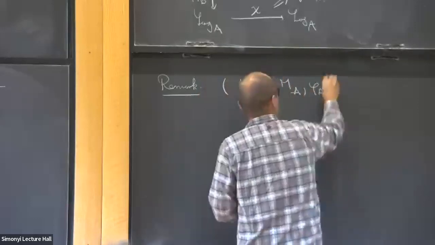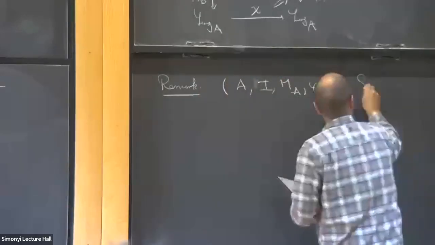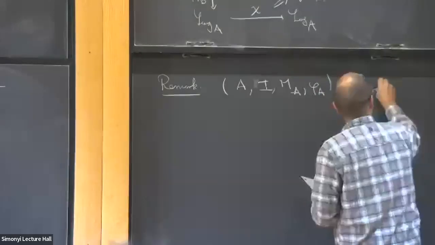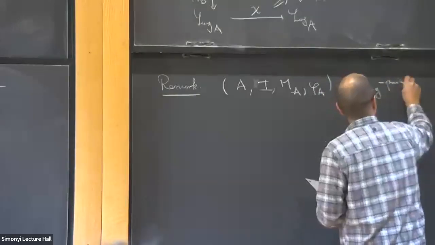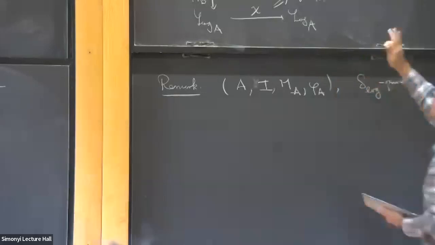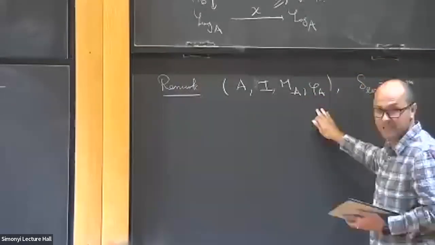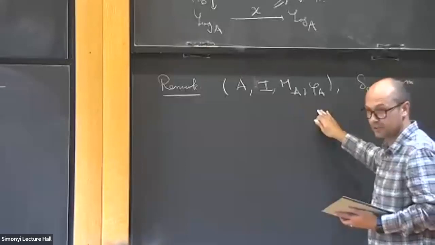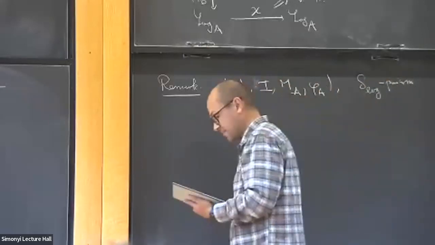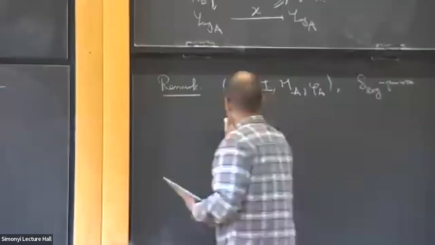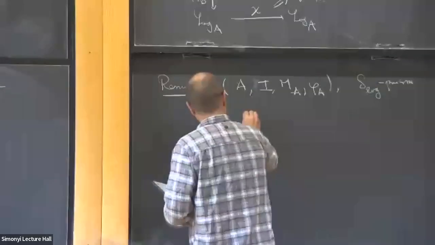Following Koshikawa, let me call this a delta log prism, meaning it's a prism, and then we have this lift of Frobenius on the log structure too. And so that means we have this kind of picture.